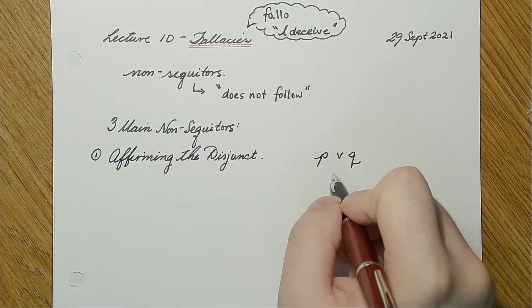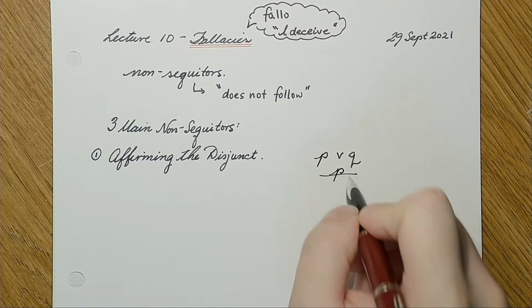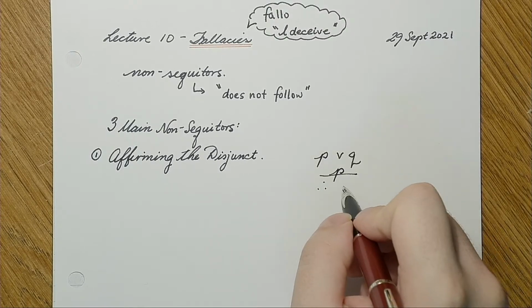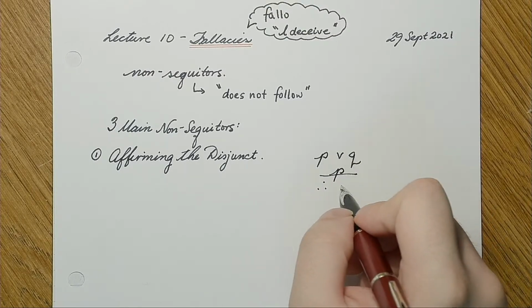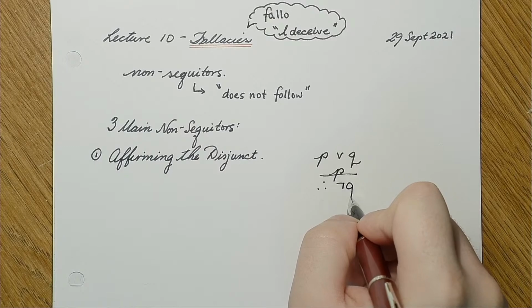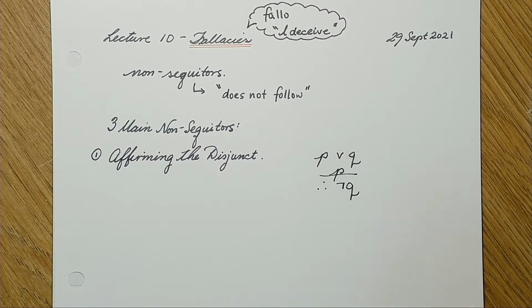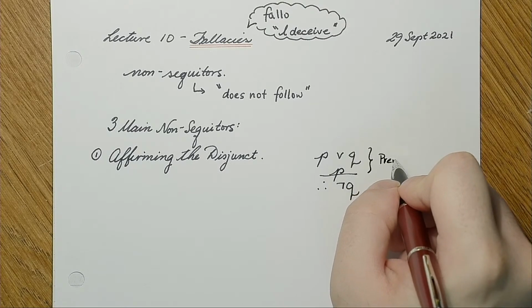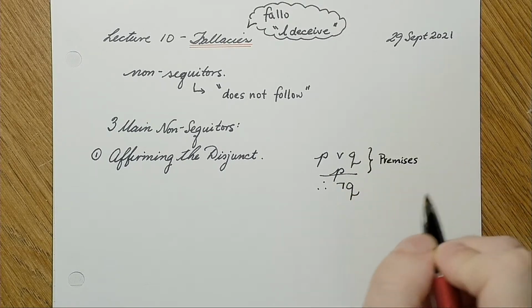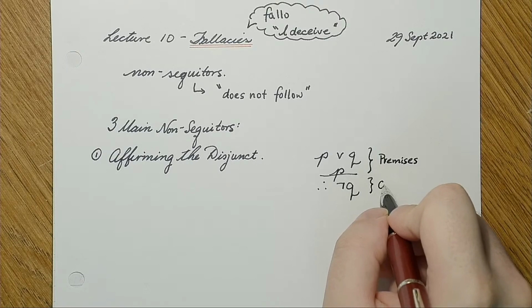In this case, we'll say P. Therefore, because of one of these being selected, it's not Q. So here are my premises, and there is the conclusion.